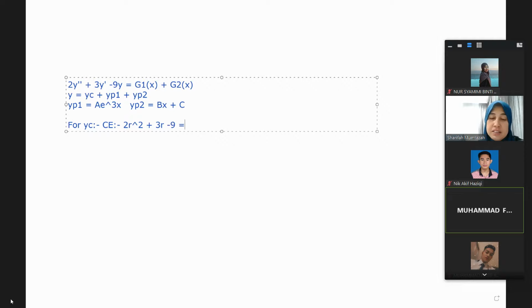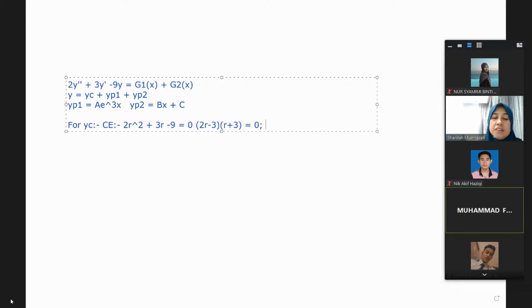2R square plus 3R minus 9 equal to 0. Okay, this one if you were to do factorization, you get 2R minus 3, R plus 3 equivalent to 0. So what is R1?